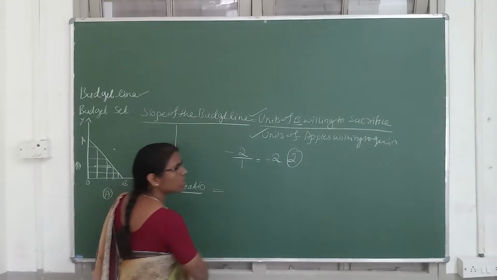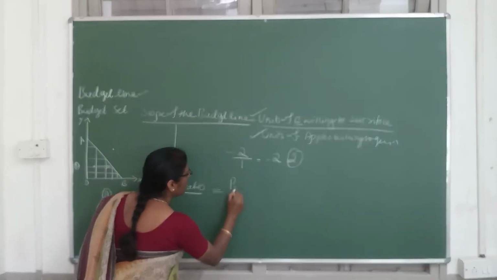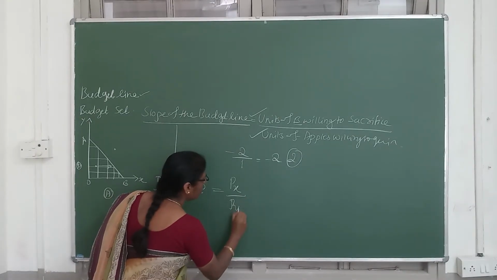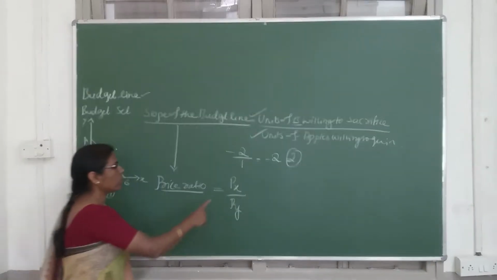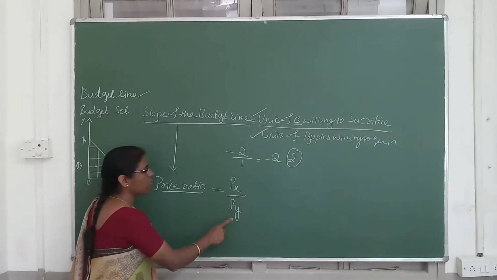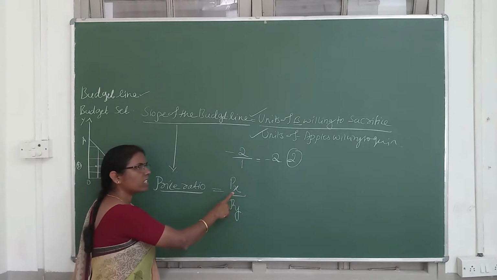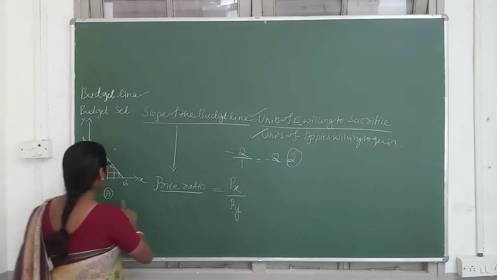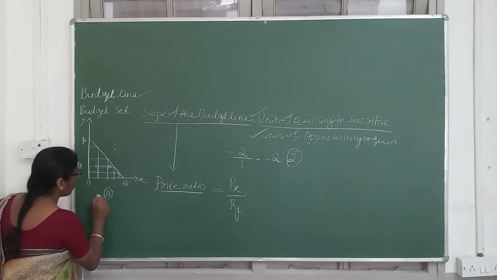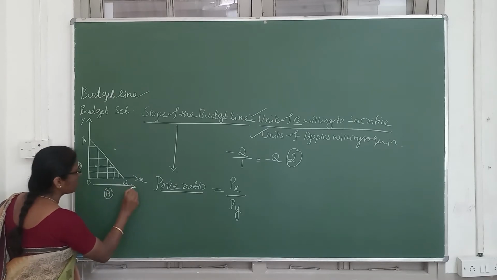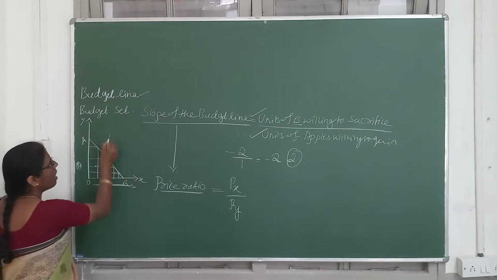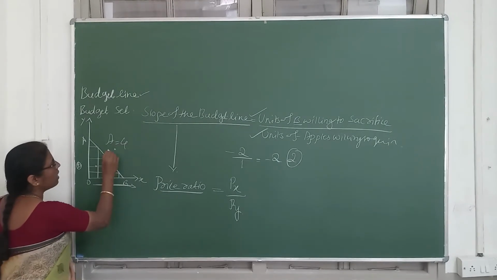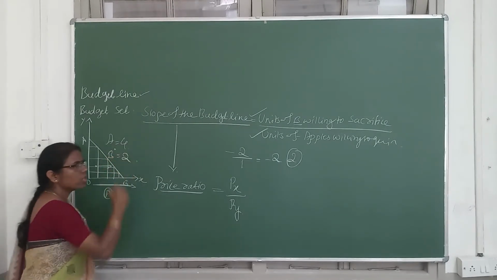And how is the price ratio calculated? Px divided by Py. What is this? Price of x and price of y. Price of x is measured on the OX axis, so apple, and in our example the price of apple is 4 rupees and the price of banana is 2 rupees.